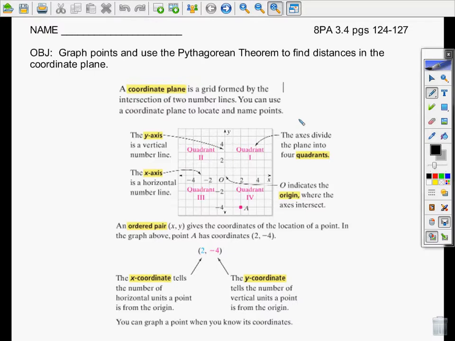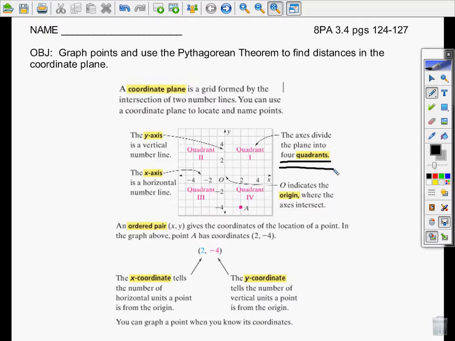All right, let's look at the anatomy of a coordinate plane. Hopefully this will sound really familiar. Let's start over here with the quadrants. When you crisscross a vertical axis with a horizontal axis, how many groupings did you just create? Four.